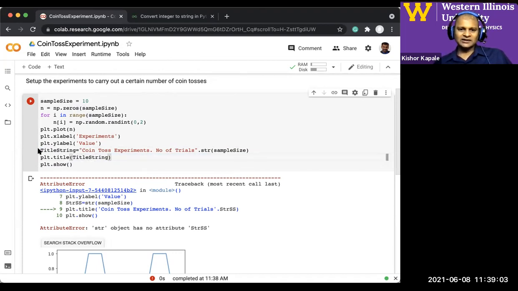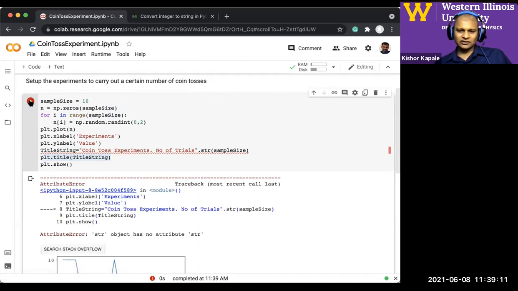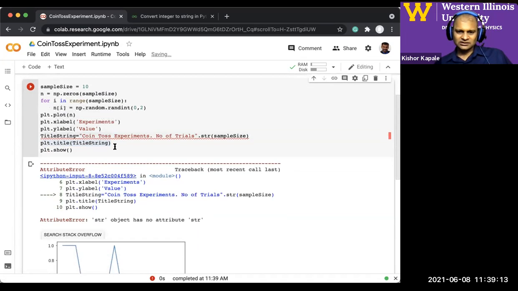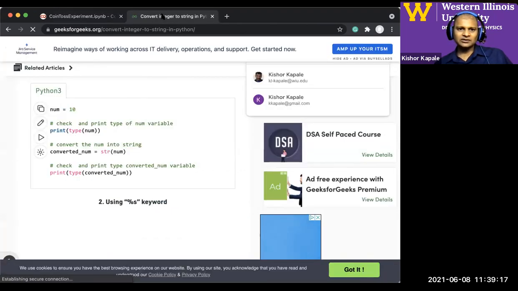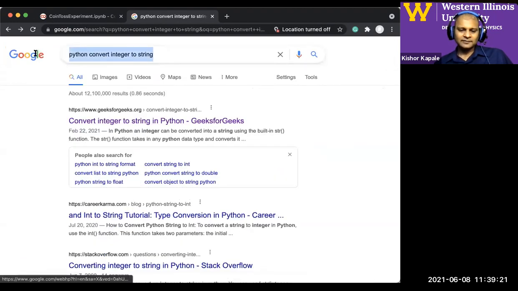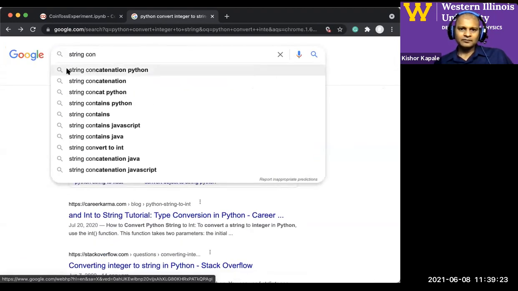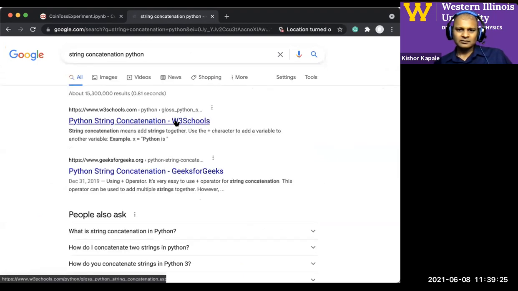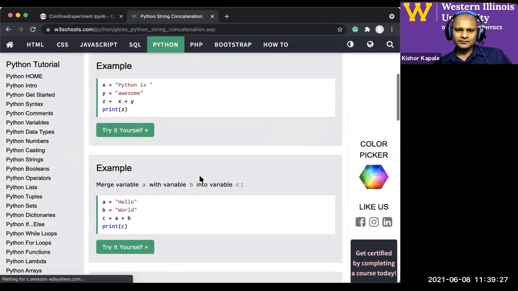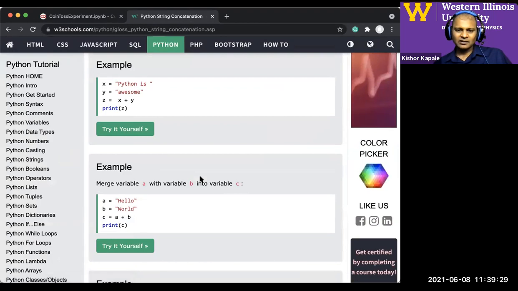So what I did was I defined the title outside of the plot title and then just passed it as an argument to plot title, and that should work. It still doesn't like this dot operator, so that should have worked. It's the string concatenation operator. Okay, they wanted plus. Okay, so we can do plus.